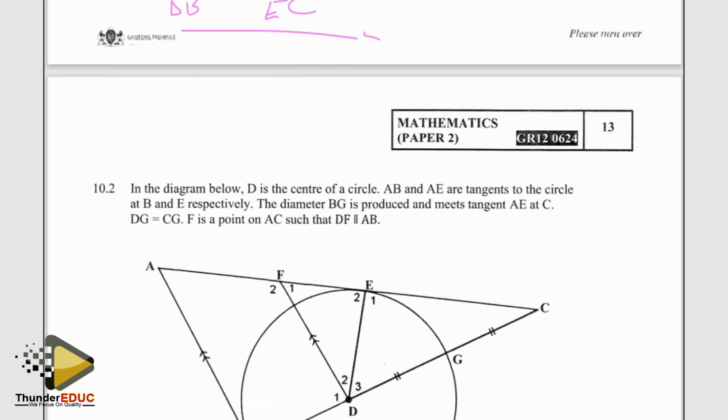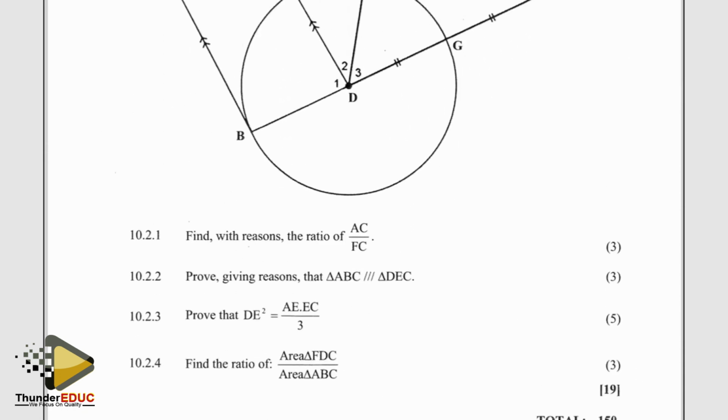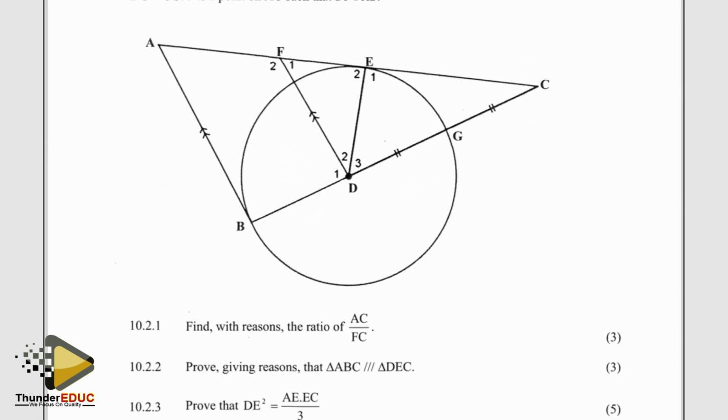And then 10.2 is the application. So in the diagram below, D is the center of the circle. AB and AE are tangents. These tangents are coming from a common point, which is A. So one thing I know is that the two tangents must be equal.